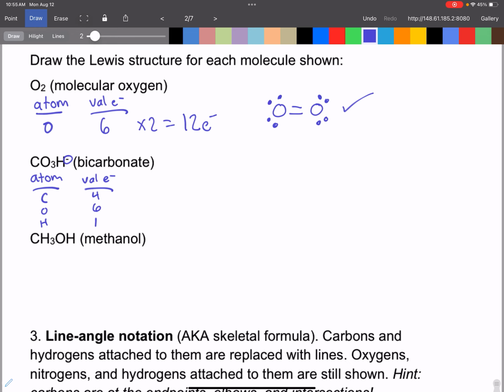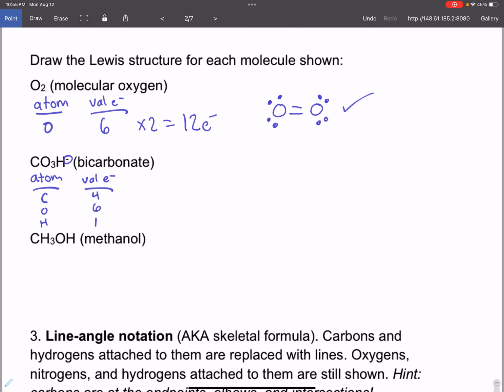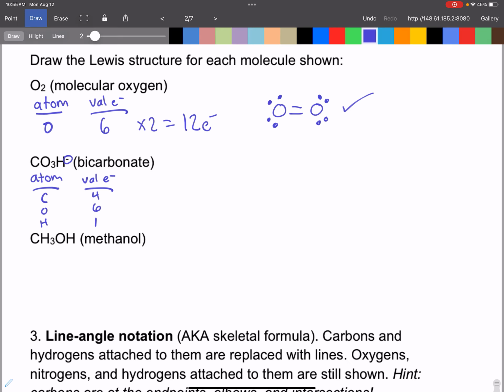Now we look at the formula and ask how many of each there are. There's only one carbon, and there are, however, 3 oxygens. So I'm going to do times 3, and then we'll sum those up.